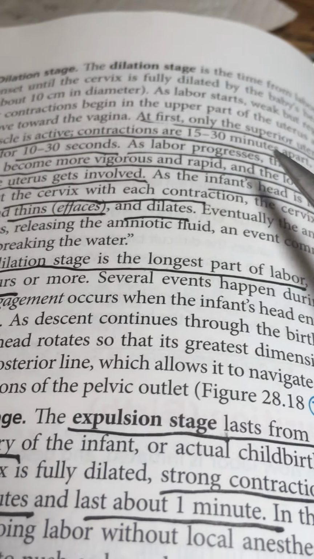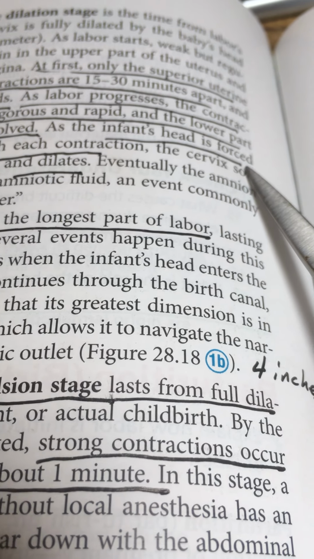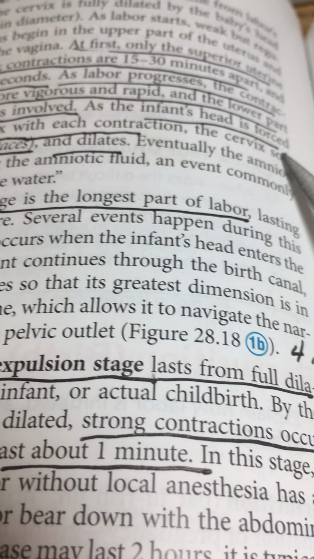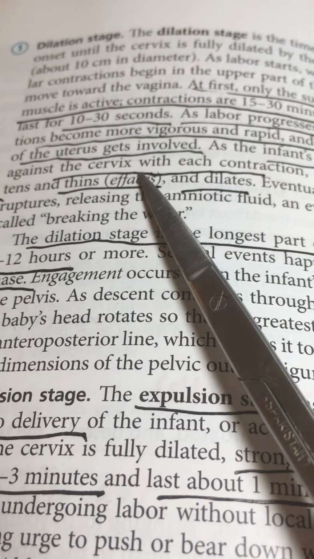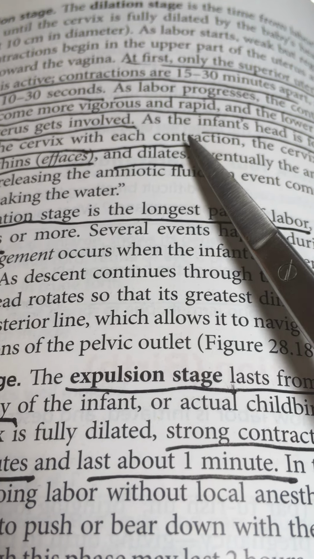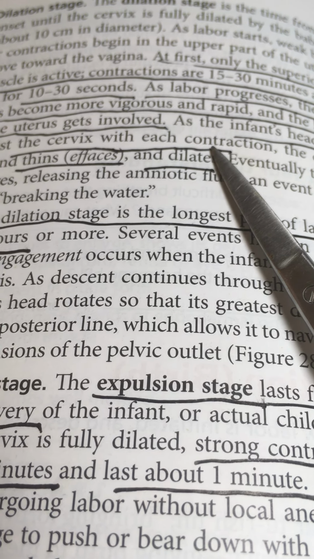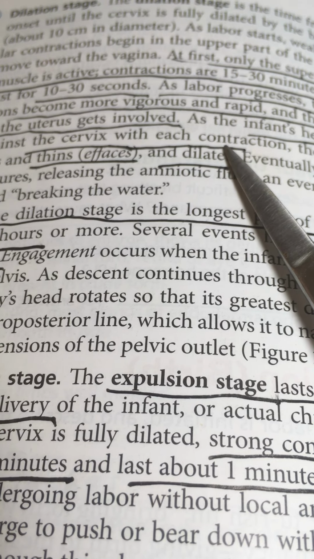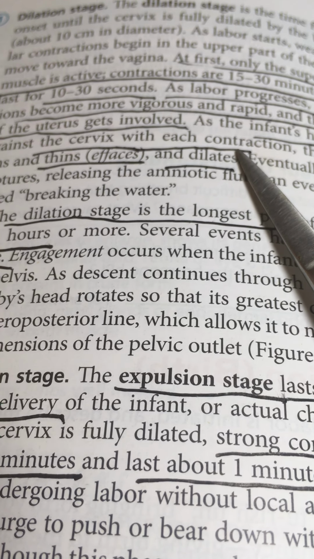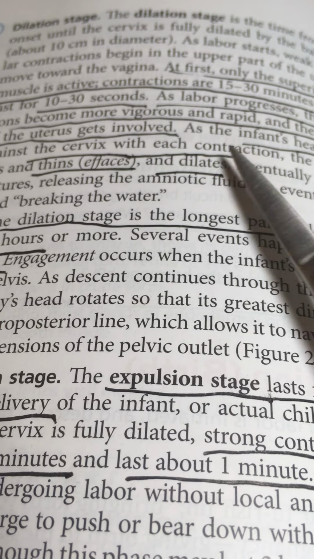Okay, and the idea here is that the infant's head, through these contractions in wave-like motions, is being forced against the cervix with each contraction. Recall that the cervix is what we think of as the neck of the uterus. It has a canal that goes through it. There's an internal os, an external os, and all of this is getting compressed and sort of flattened out, or effaced.